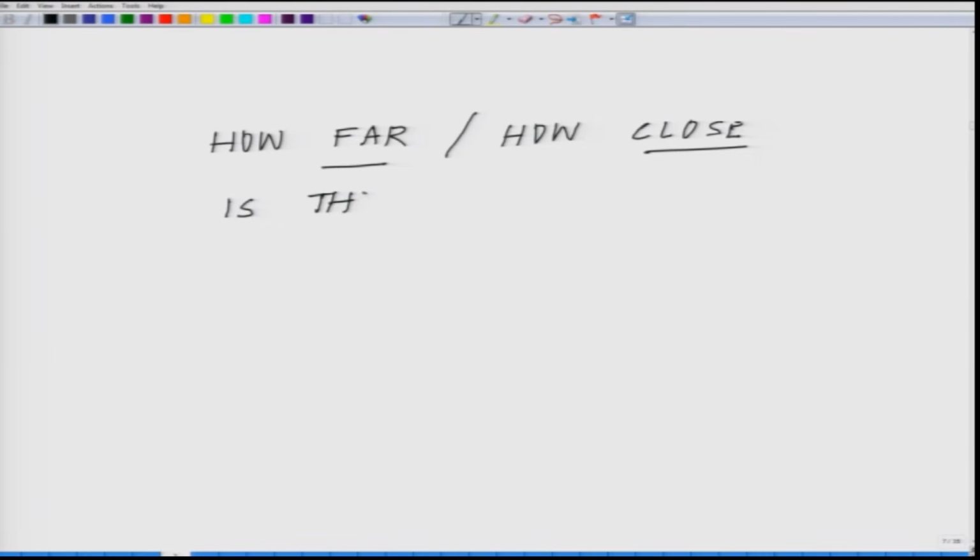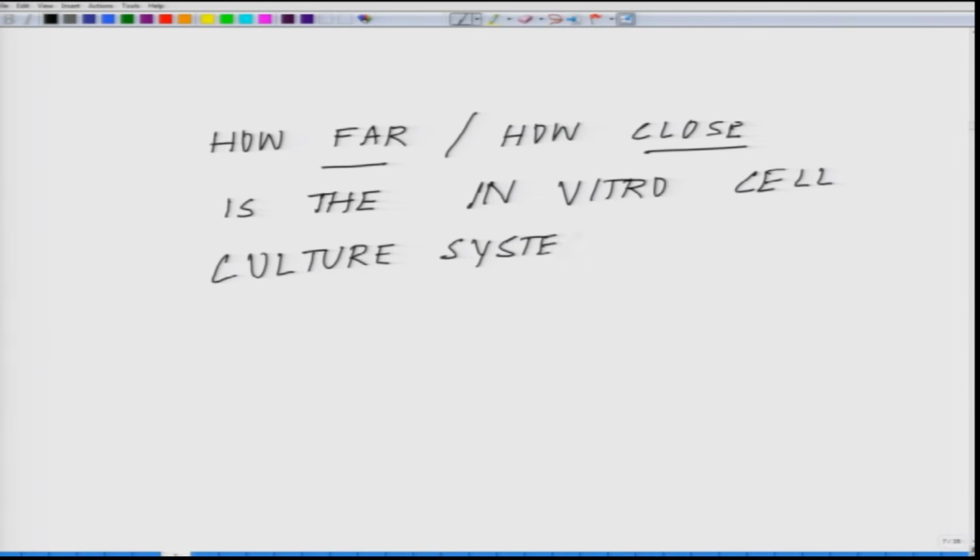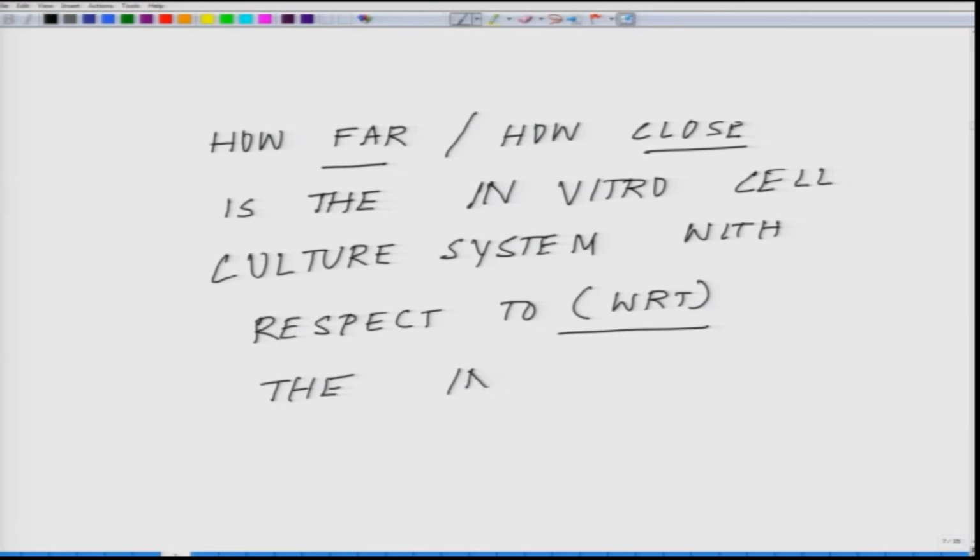One thing you have to realize, the fundamental question you have to ask: how far or how close is the in vitro cell culture system with respect to the in vivo condition.